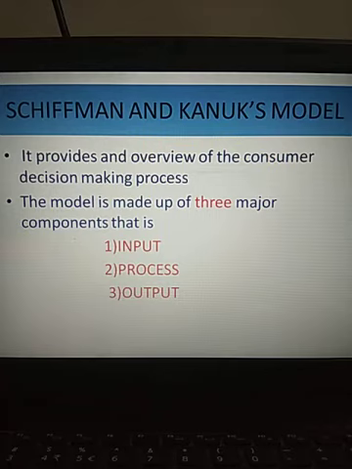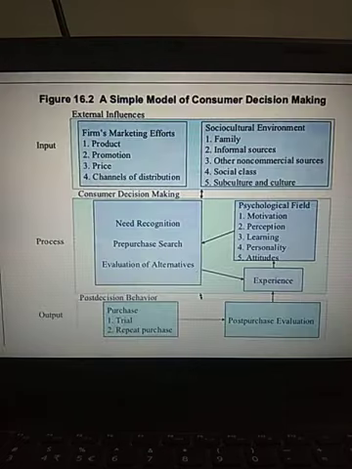They considered three major components in the explanation of the model: one is the input information, then processing the information, and through the processing, finally the kind of output the consumer is going to exhibit. This is Schiffman and Kanuk's model. So let us see this picture.